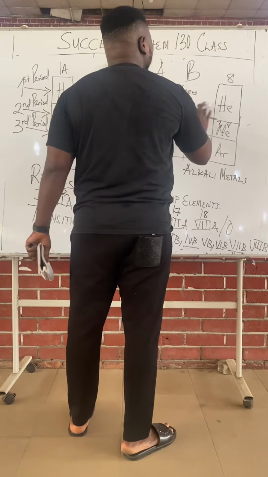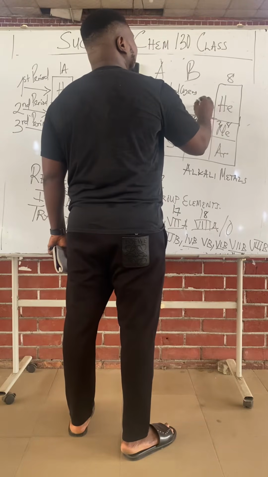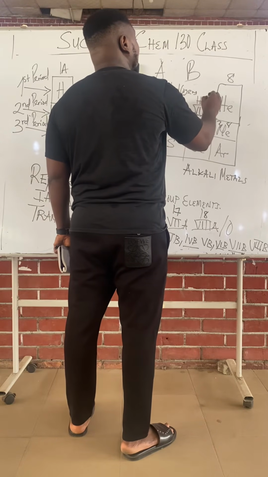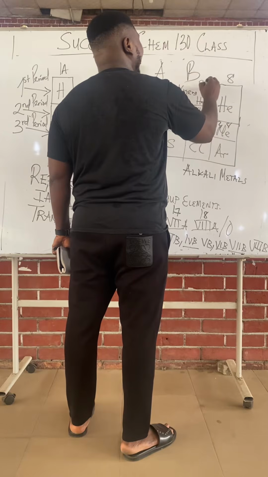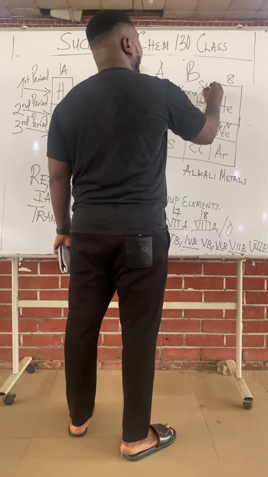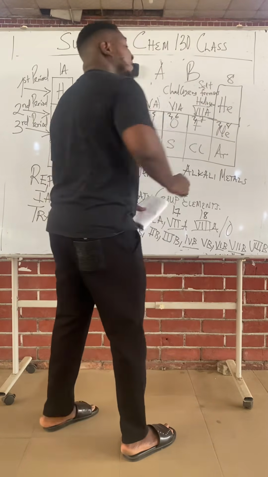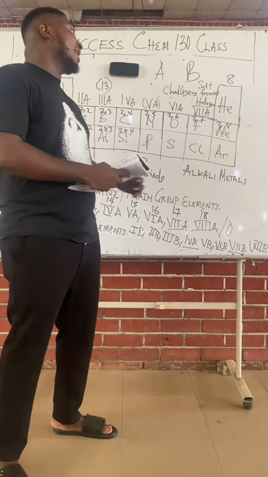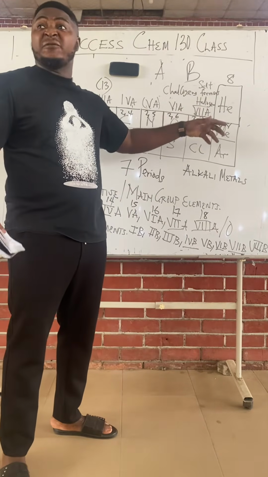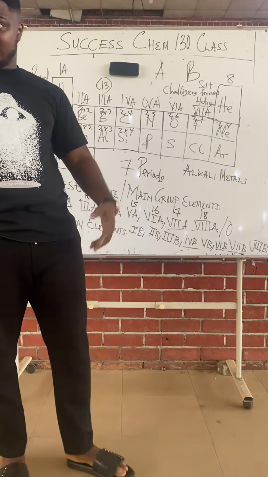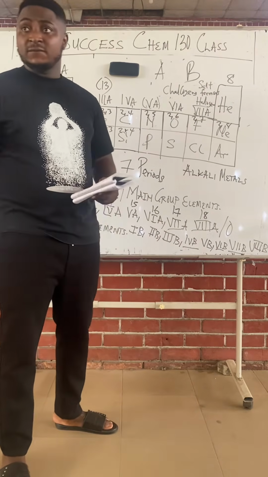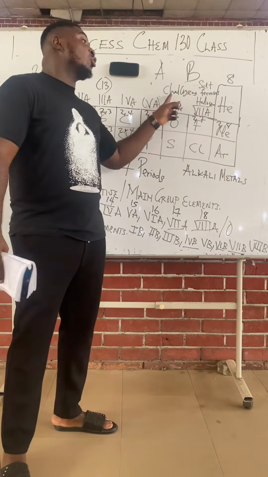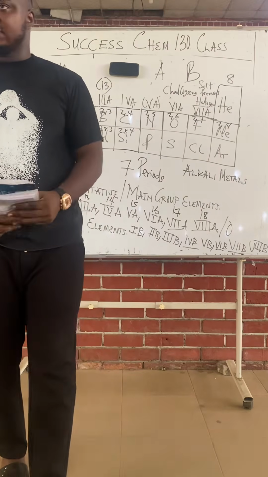Then VIIA are called halogens, also known as salt formers. They form salt, like NaCl. VIA is chalcogens.